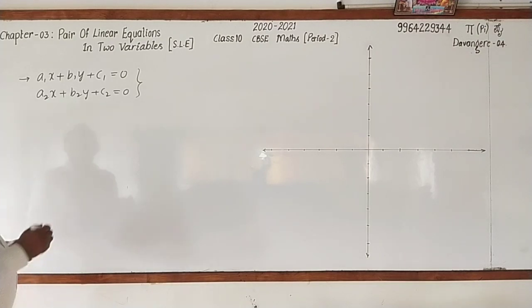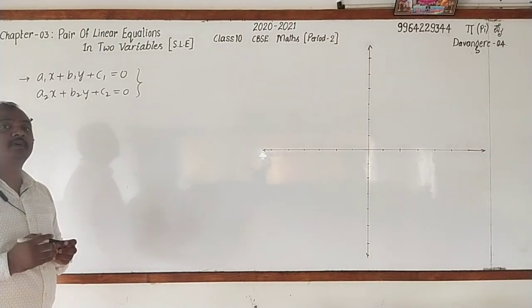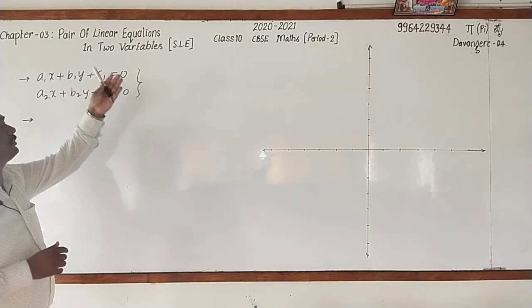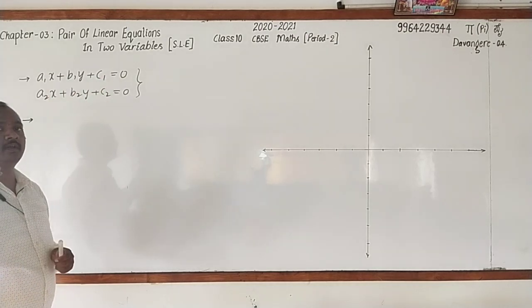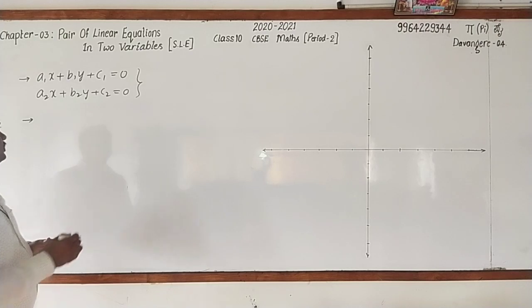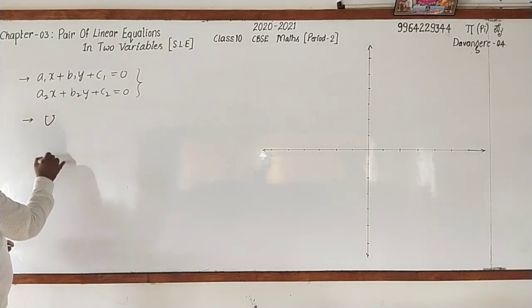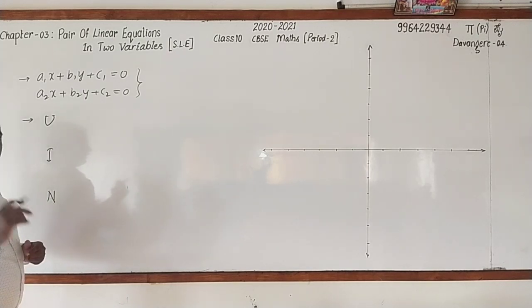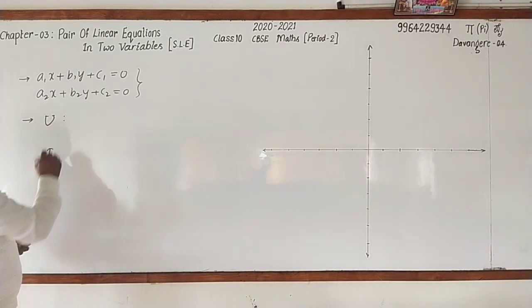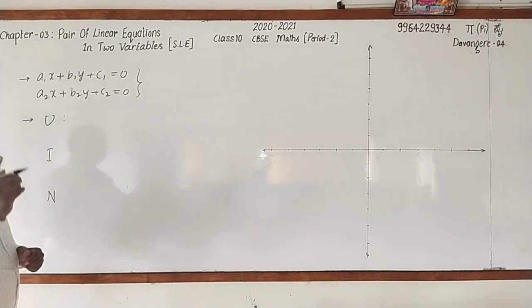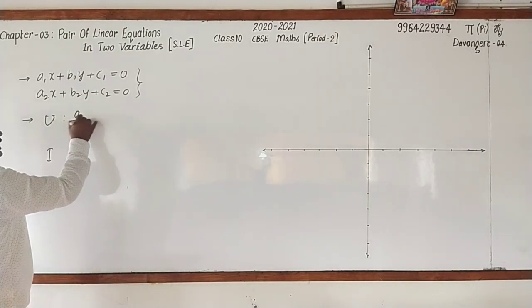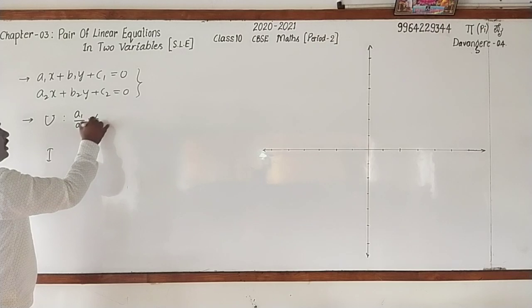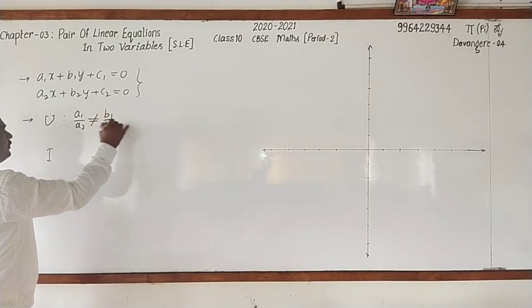Got it? Then we even learned the types of solution of pair of linear equations in two variables. There are three types. One is unique solution, second one is infinitely many solutions, and third one is no solution. What is the condition for unique solution? It is a1 by a2 is not equal to b1 by b2.